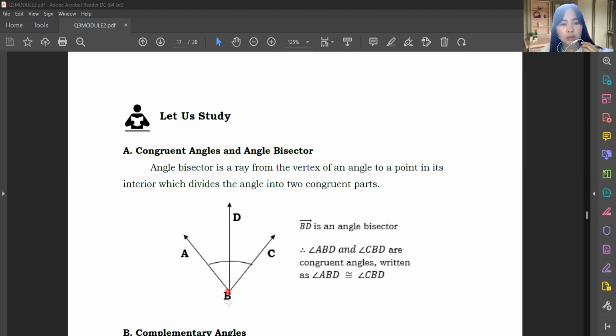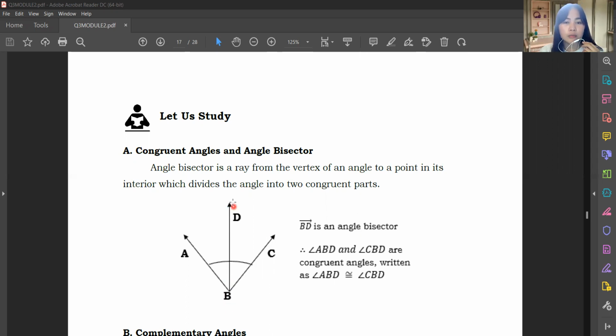Our vertex is B because it is the common endpoint that they share. It bisects, a ray from a vertex of an angle to a point in its interior, which divides the angle into congruent parts. Therefore, our ray BD is our angle bisector.